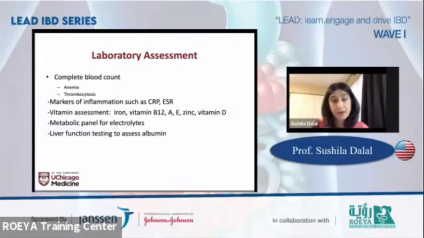If they have small bowel inflammation, we would have some concern that they may have low levels of iron, vitamin B12, vitamin A, E, zinc, or vitamin D. We look at a metabolic panel for electrolytes. Of course, if they have diarrhea, we may see electrolyte derangements. And liver function testing, in particular, albumin may be low with active inflammation because that intestinal barrier function may be disrupted, leading to protein loss in the stool.